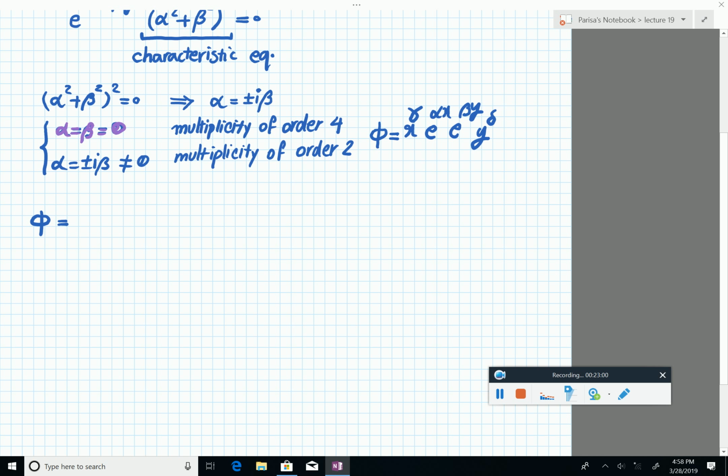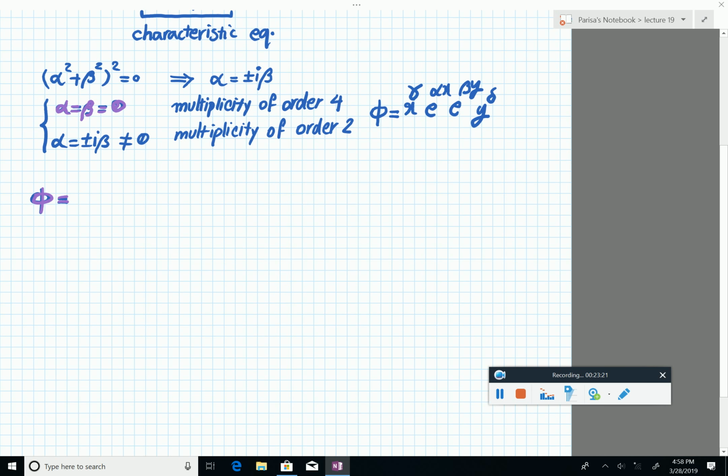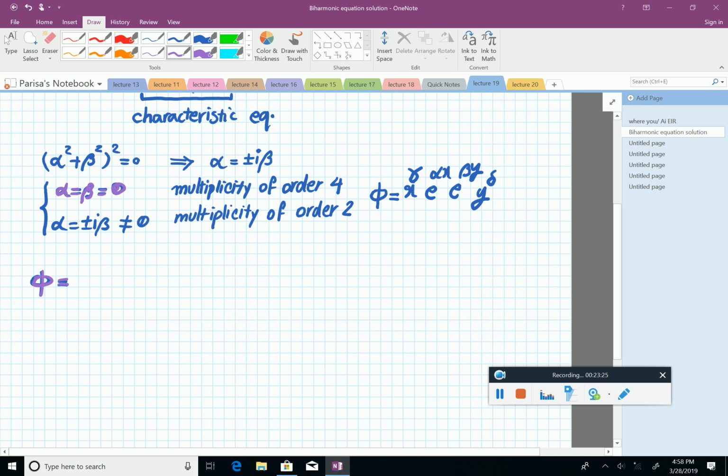So the solution which comes out of the case alpha equal to beta equal to 0, you expected it to have terms with x cubed and y cubed the most. This is what we expect. So it looks like something like that. No, I shouldn't make, sorry. So the phi, I shouldn't make that purple.